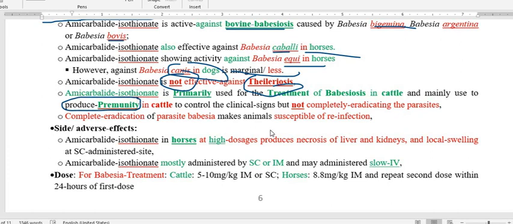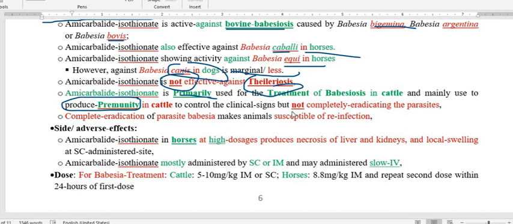And one more point is that amicarbalide is going to produce pre-immunity. That is a type of immunity that we already discussed about in the treatment. So this is primarily used to treat babesiosis in cattle, and we may use it for pre-immunity, administering it to produce pre-immunity in cattle at the height of the temperature.